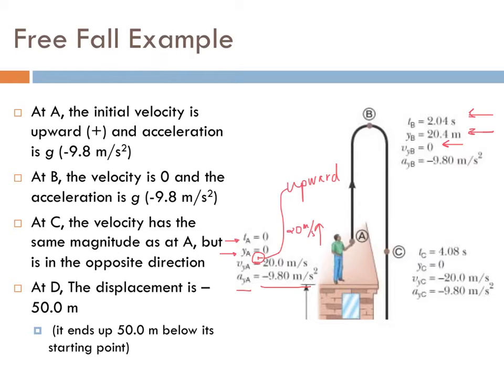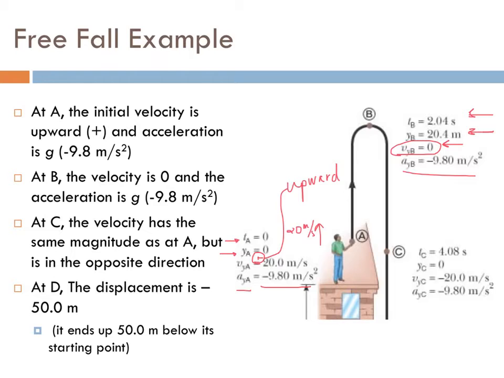Again, even though we have come to a stop, and this is probably one of the hardest things to remember, if we come to a stop, we still have an acceleration of negative 9.8. This is true at every single point of our path. We will always have a constant negative 9.8, even if we have come to a stop.